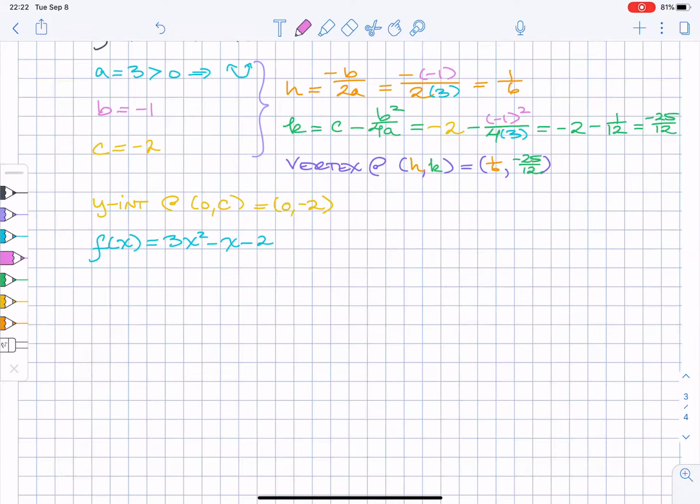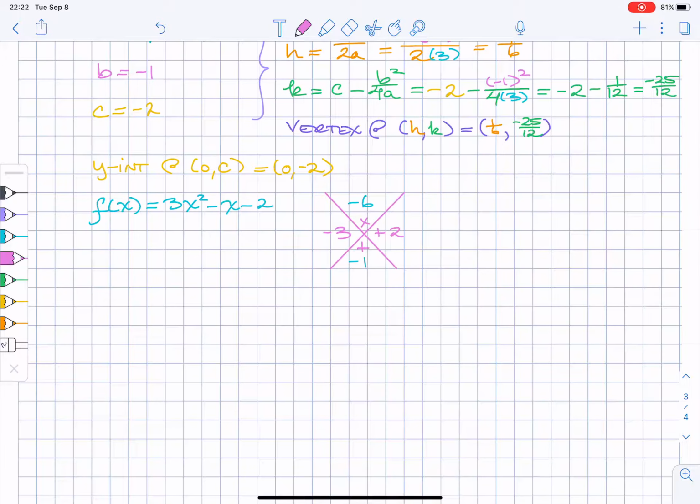So we do the x method. What two integers multiply to 3 times -2, which is -6, and add to the linear coefficient -1? Well, that would be -3 and +2.